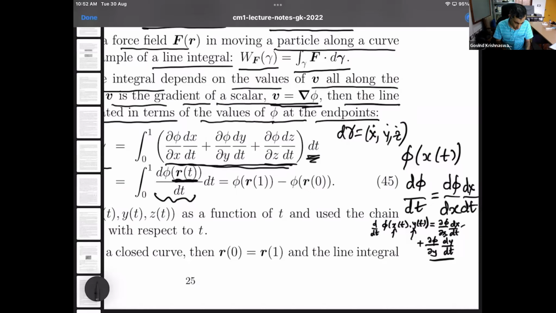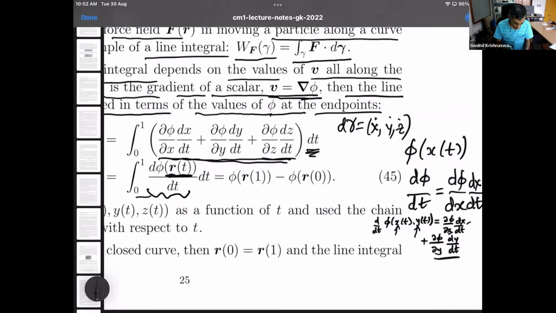Now we use the so-called fundamental theorem of calculus, which tells you how to integrate a derivative. It tells you it is simply the function evaluated at the upper and lower limits of integration.